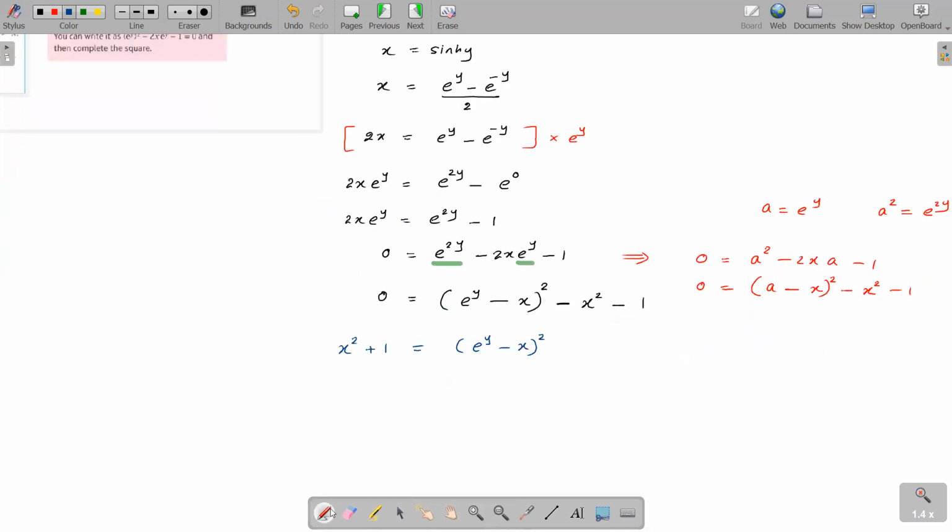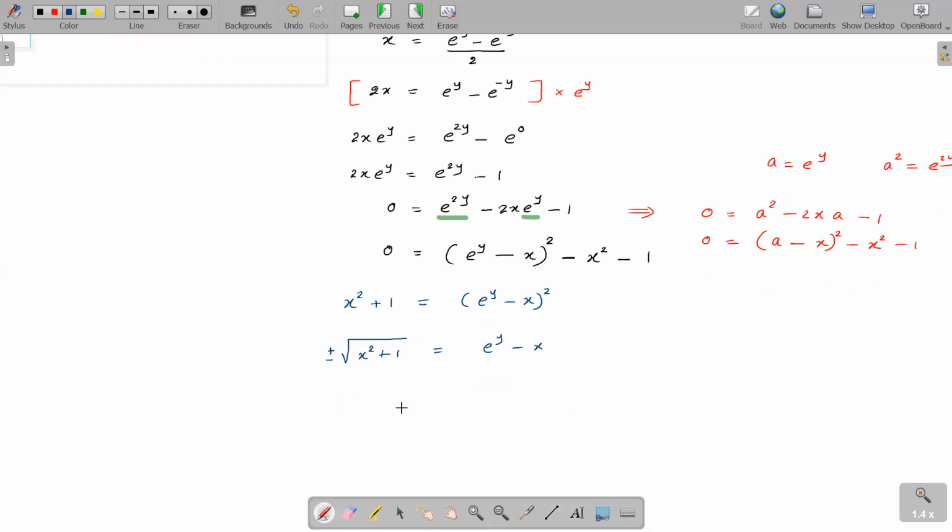Then I want to make y the subject, so let's remove the square. When you remove the square, you get a square root, and you get plus or minus, e to the power y minus x. So I get e to the power y equals x plus or minus the square root of x squared plus 1.